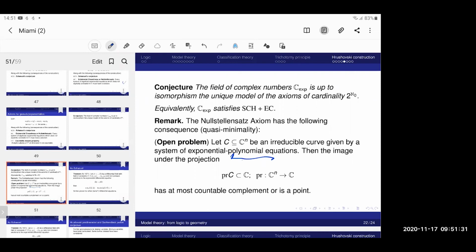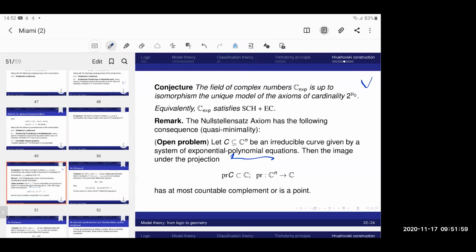Right. So this is some open problem, and some people like Alex Wilkie made quite significant inroads into the solution of this problem, but it's still open. But you see, this conjecture above suggests that this is the case.